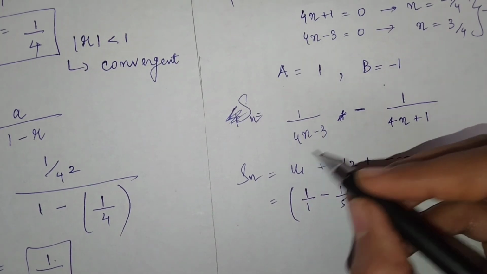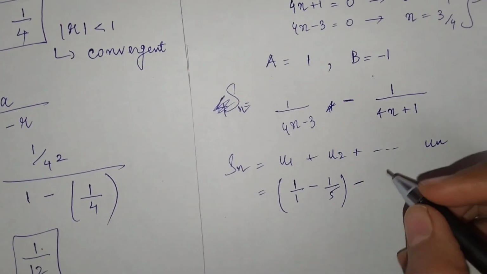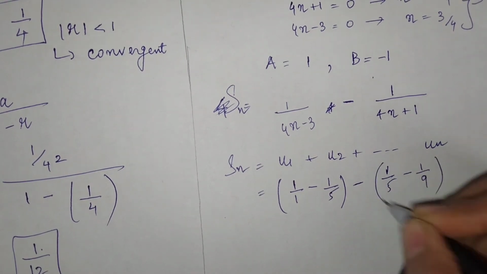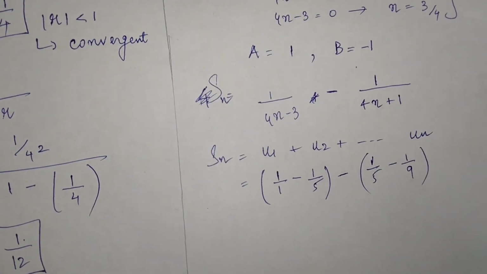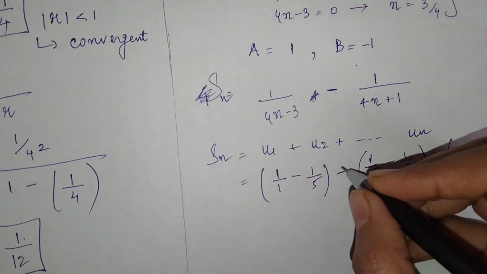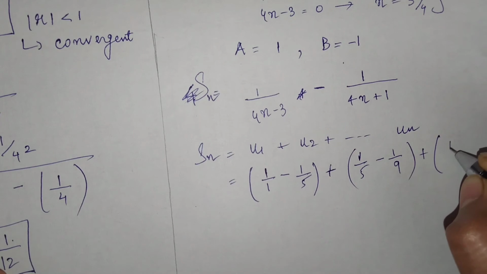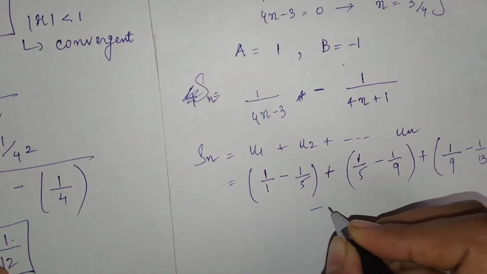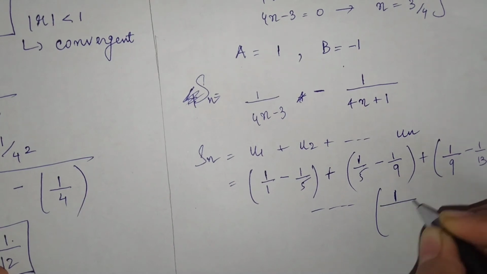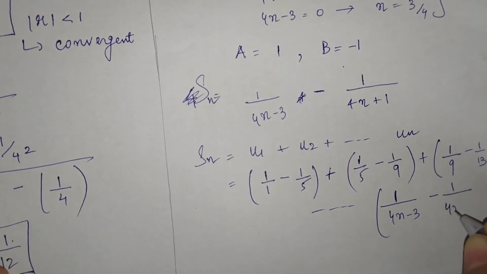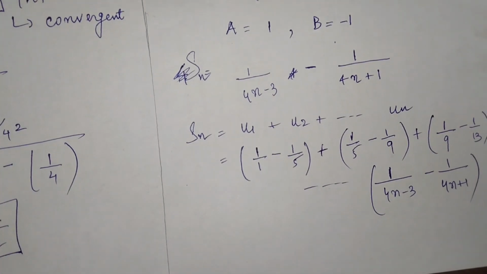If we put 2 here in both these terms, then we will get 1 by 5 minus 1 by 9. If we put 3, then we will get 1 by 9 minus 1 by 13, and it will keep on going up to the last term, that is the n-th term, 1 upon 4n plus 1.